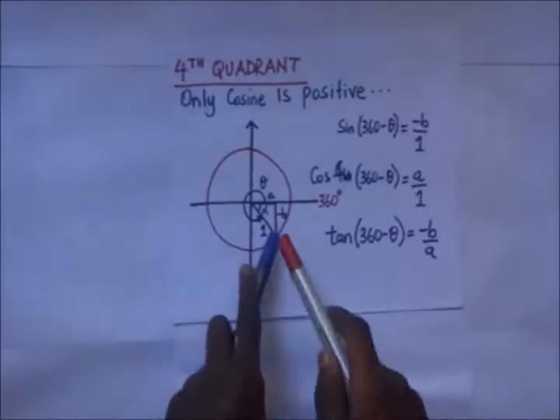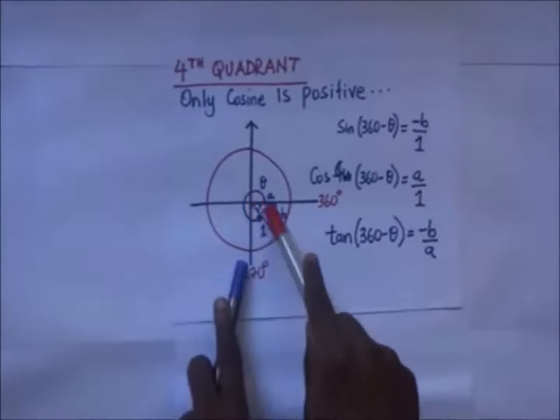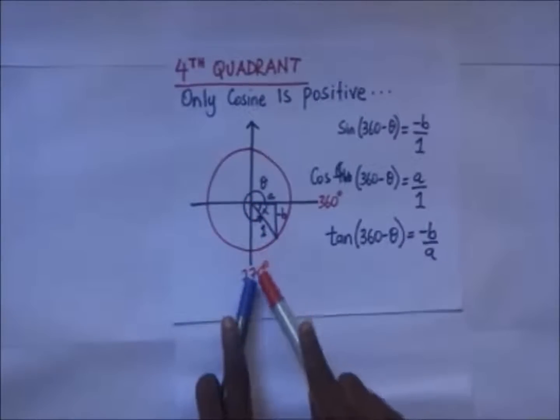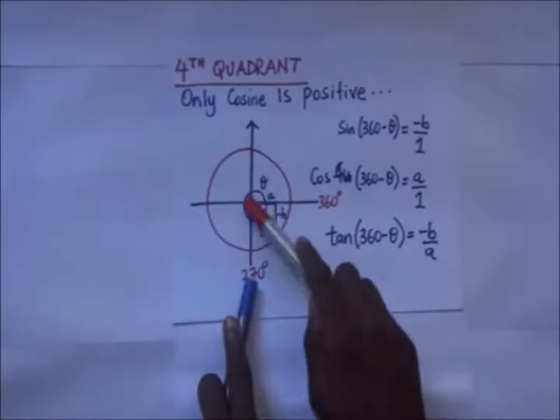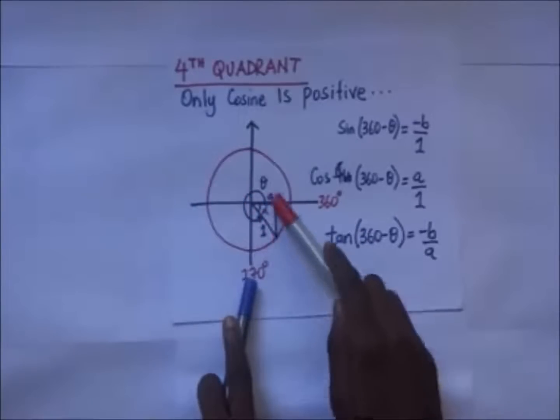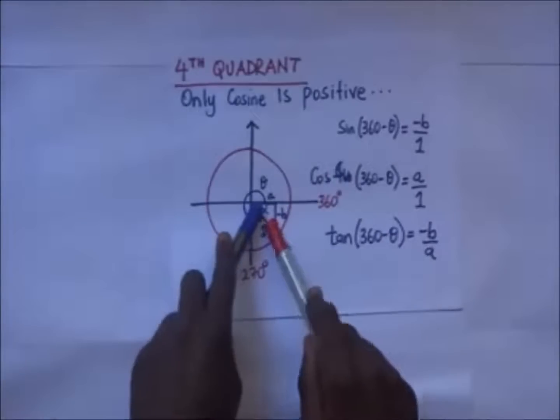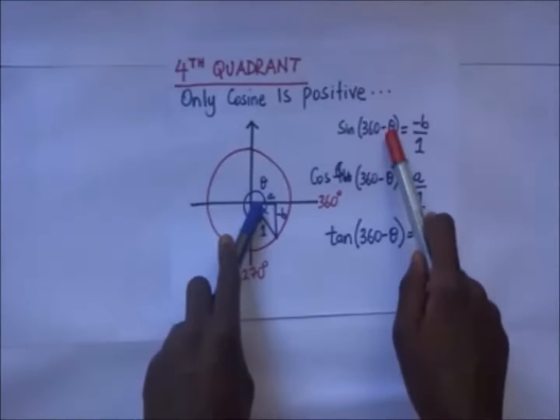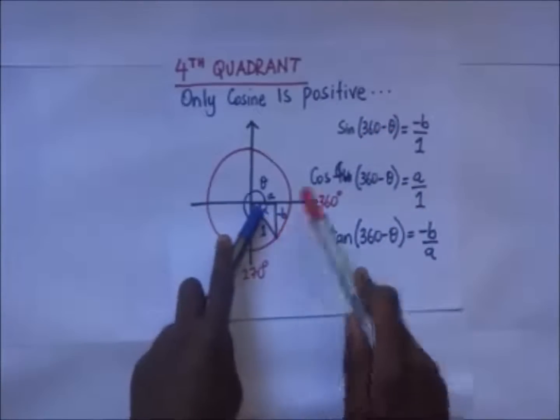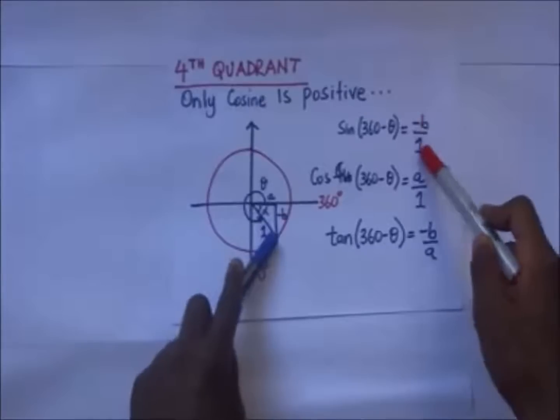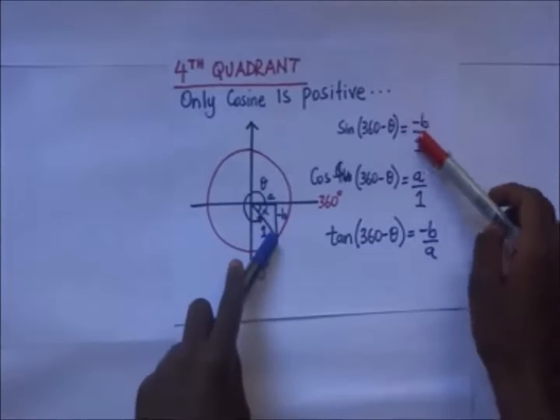In the fourth quadrant, you're having alpha right there. The angles are lying between 270 and 360. So when you draw your right angle triangle and you consider that alpha, the sine of alpha, which is the same as 360 minus theta, is going to be equal to opposite, which is negative B, over hypotenuse, which is 1. So the answer here is a negative.